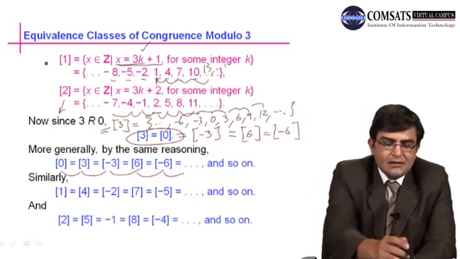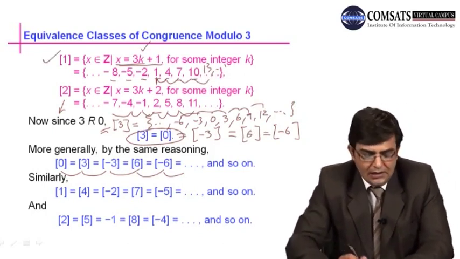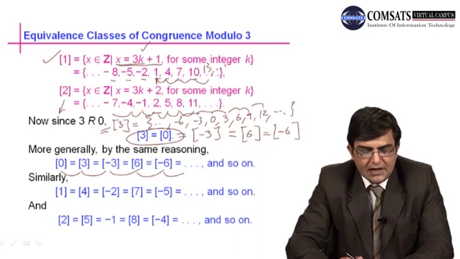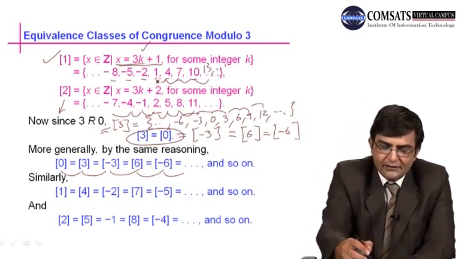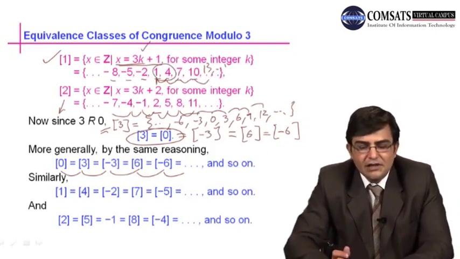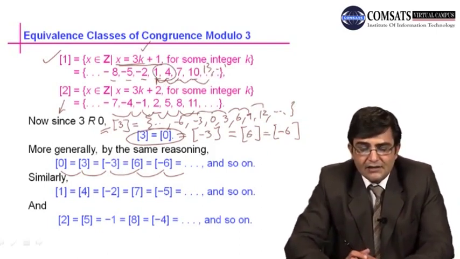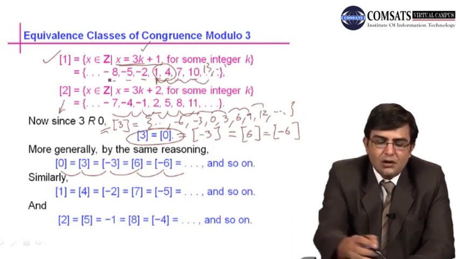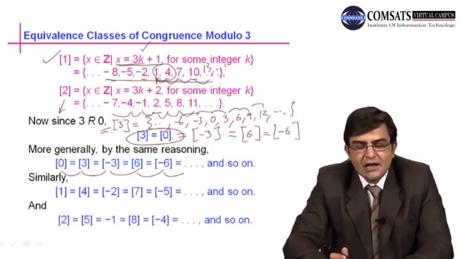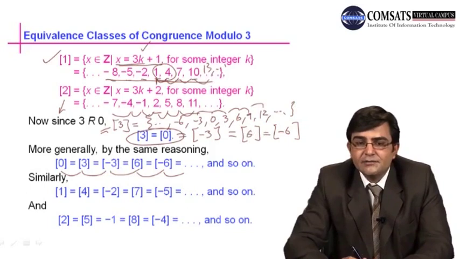Similarly, the equivalence class of 1 must be equal to the equivalence class of 4, because 1 and 4 are in the same equivalence class. If they are in the same equivalence class, then they must be related. If they are related, then their equivalence classes must be the same. So all these elements which are in this class are related to each other.